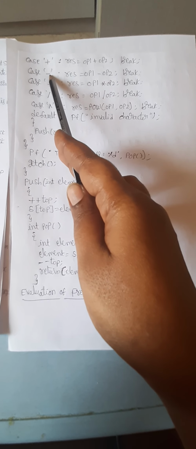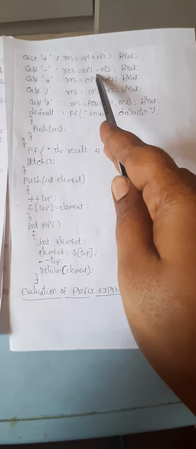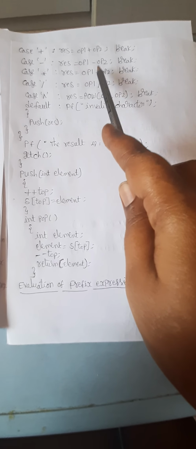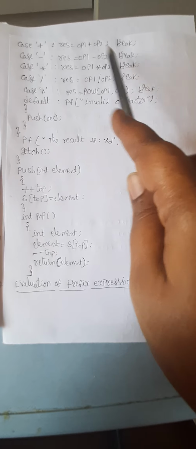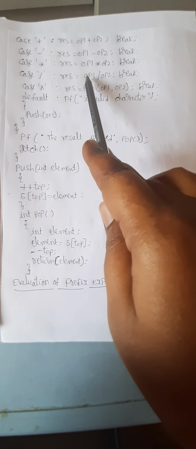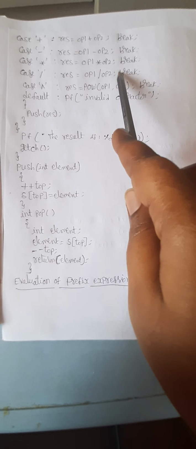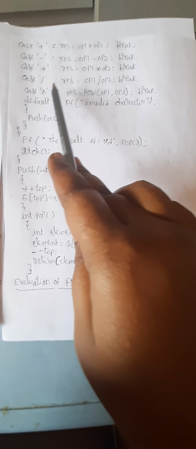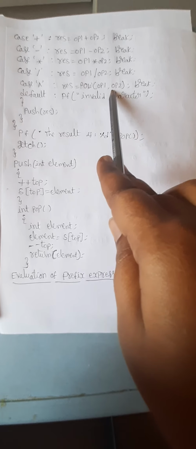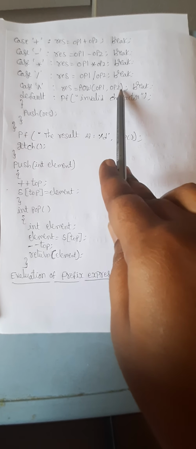If the operator is minus, then result equal to operand 1 minus operand 2. If it is multiplication, then result equal to operand 1 multiplied by operand 2. If it is division, then result equal to operand 1 divided by operand 2. If the operator is exponent, then result equal to power of operand 1 comma operand 2.